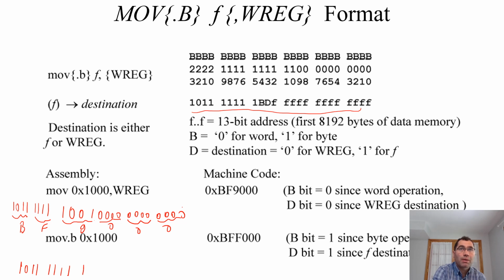The capital B is for byte, so it's going to be 1, and D is still 0, and then you have F again. This part is the F, so it's 1 0 0 0 0 0 0 0 0 0 0 0 0.